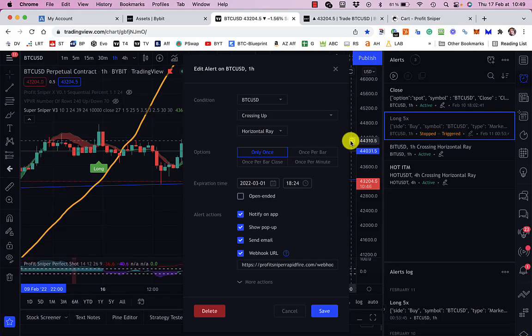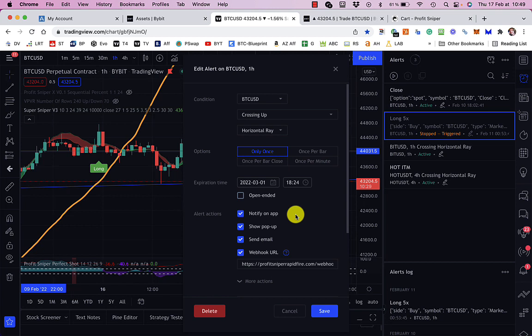Now, one of my favourite things about Profit Sniper is that you have access to this tool called Rapid Fire. What Rapid Fire is, it's a way you can quickly interact with the ByBit account that you have. And what's even better is you can use these webhooks, so you can make your TradingView chart interact with your ByBit account.